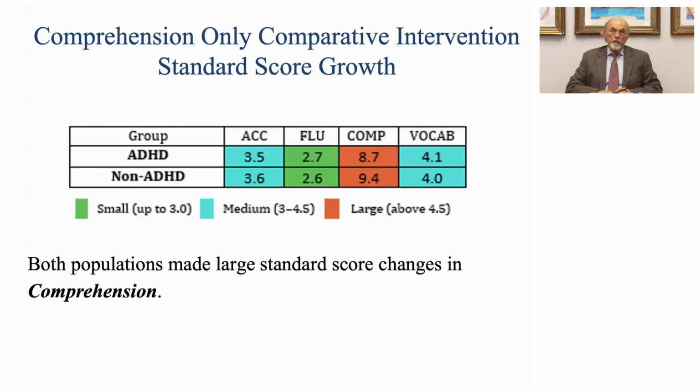And what was it that we were attempting to address? We weren't concerned predominantly about issues of decoding, accuracy, fluency, and or vocabulary. In spite of that, they made some growth, but our predominant concern was in the area of language comprehension. Customized diagnosis, customized intervention.